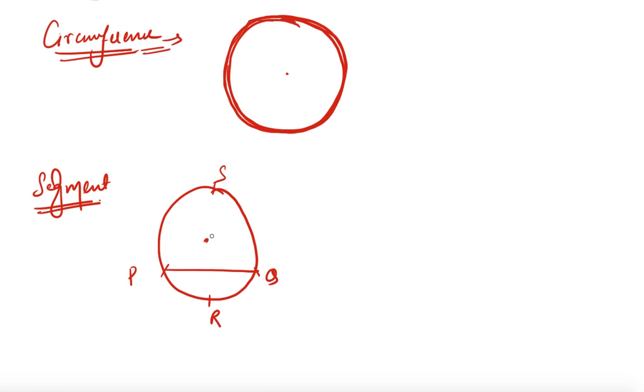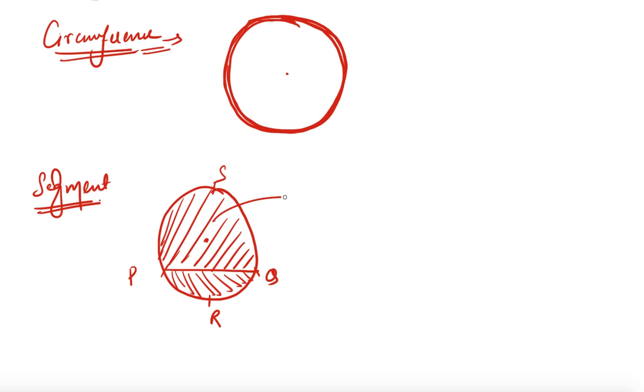But you can also see that the region inside the circle is divided into two parts. One is this part and another is this part. Right? This chord divided the region inside the circle into two parts. One is this part shown by dashed lines here, and another is this part which is associated with the arc PRQ.